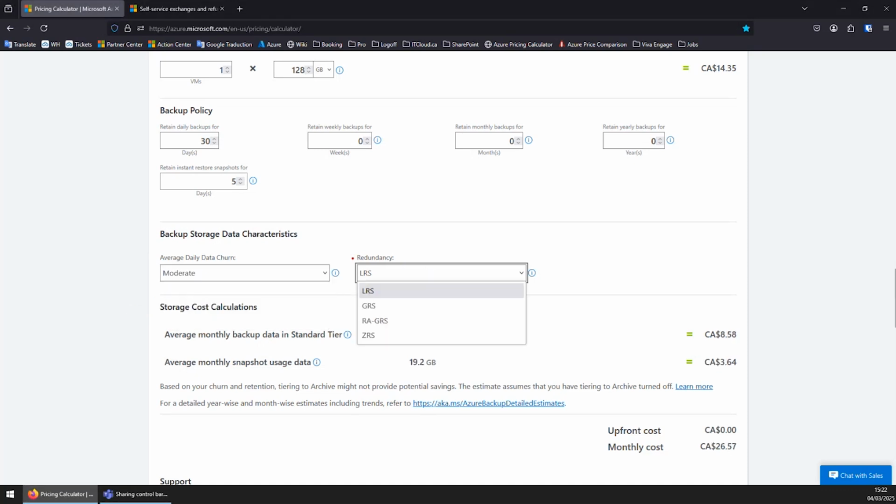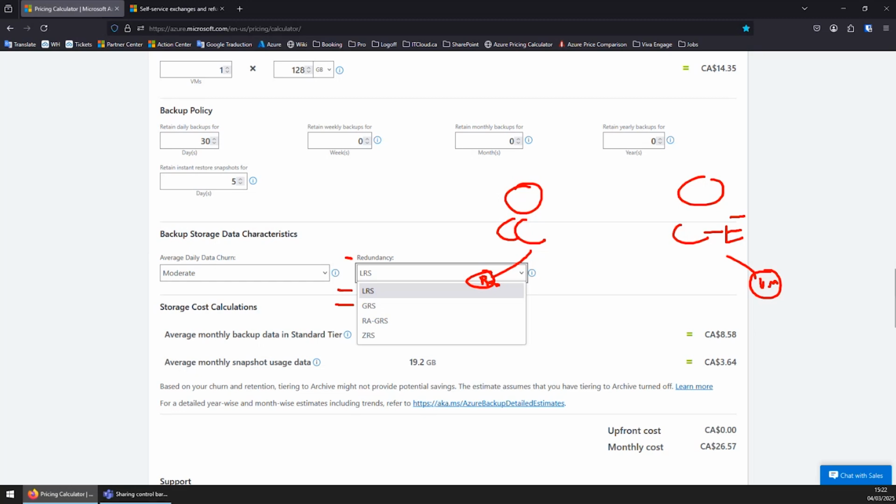Here's the next question. The redundancy: local or geo-redundant? Remember, we have Canada Central and we have Canada East. So you can have the server here and the backup here for local redundancy, or we can play with the geo-redundant system, so you will have the VM here and the backup there.